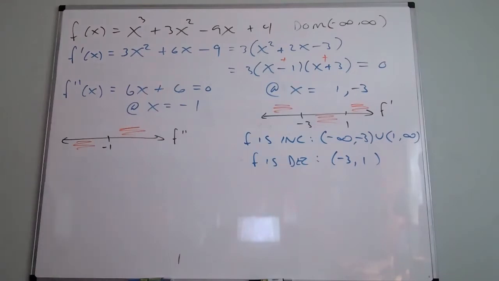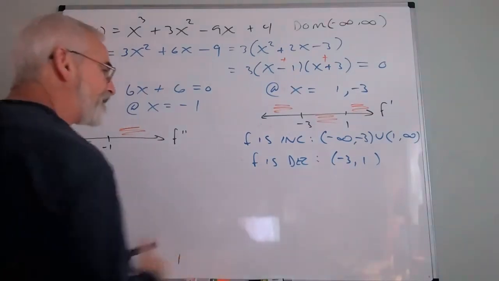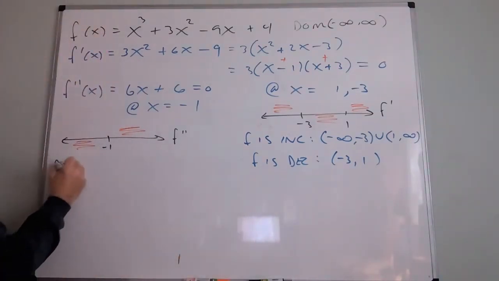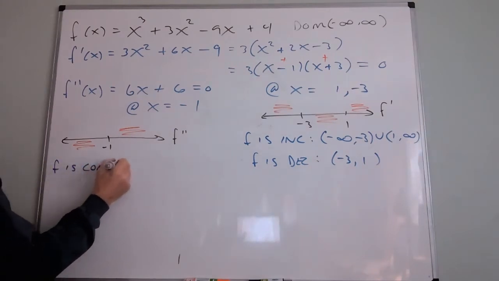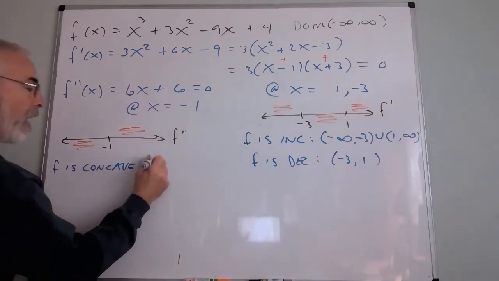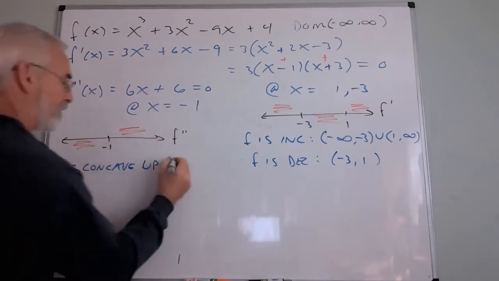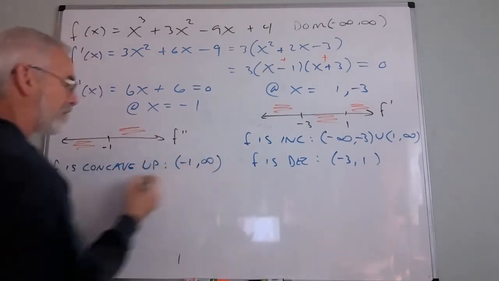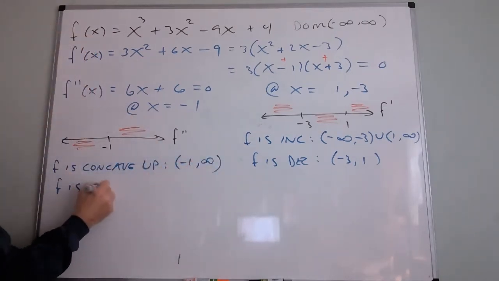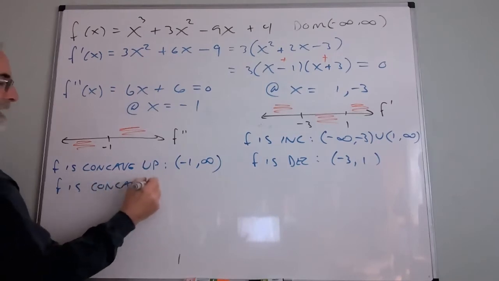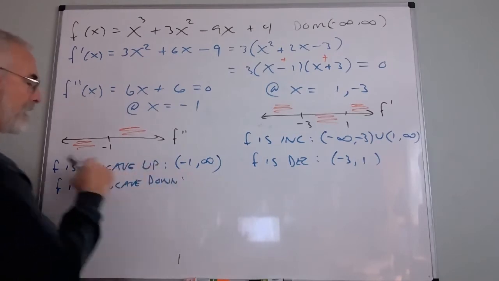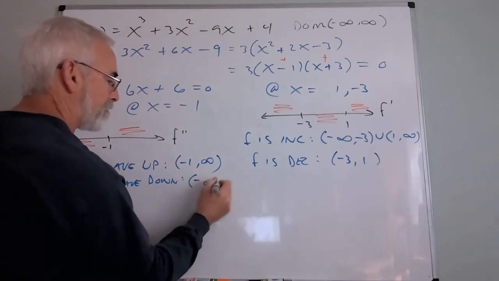Now, how do I interpret this? Well, this tells me that f is concave up in this interval. f is concave down in this interval.